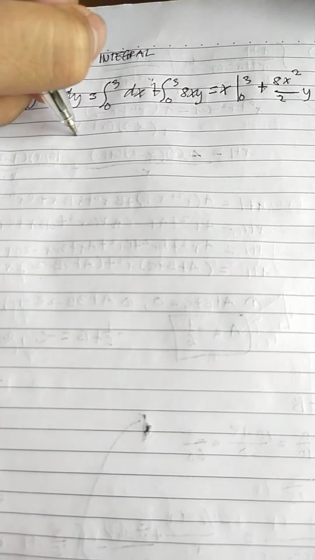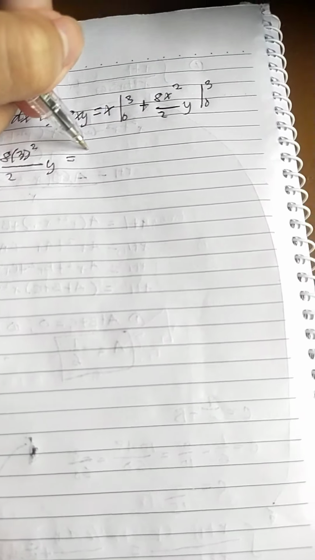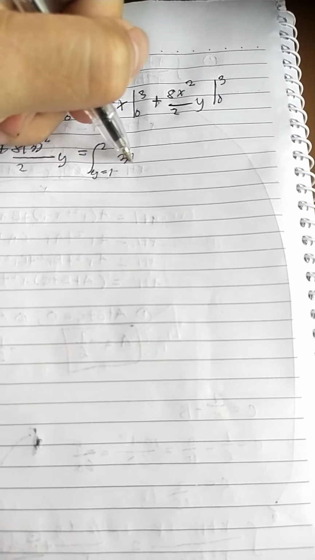So this is equals to 3 plus 8 times 3 squared all over 2y. So this will become the integral from y equals to 1 to 2 of 3 plus 36y dy.